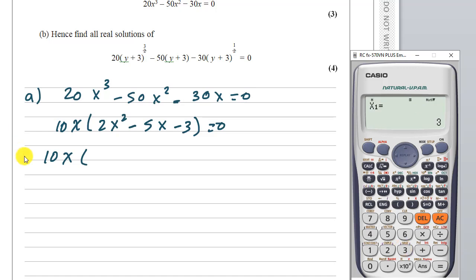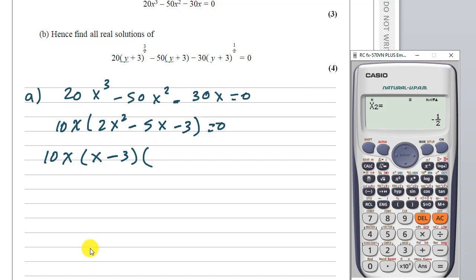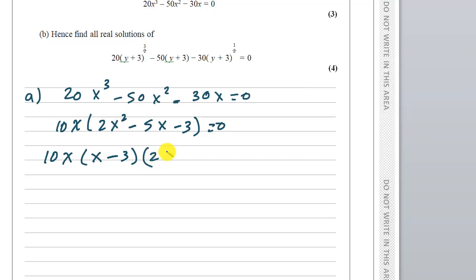So x minus 3, so here x minus 3 multiplied by 2x plus 1 equal to 0.